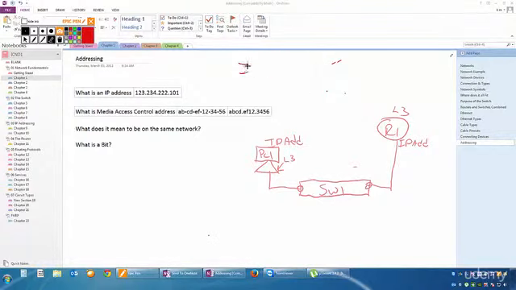In these 4 numbers, you have what is called a network number and a host number.